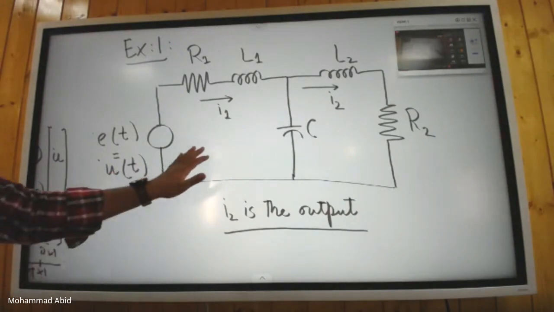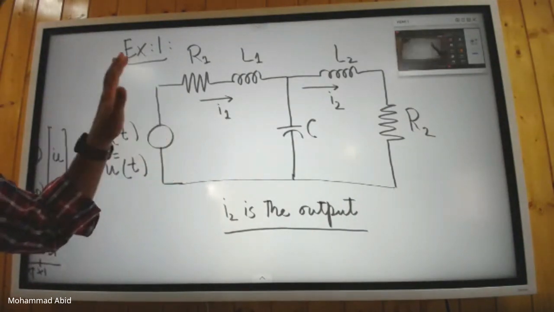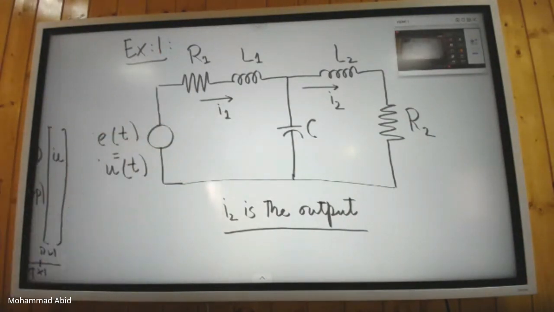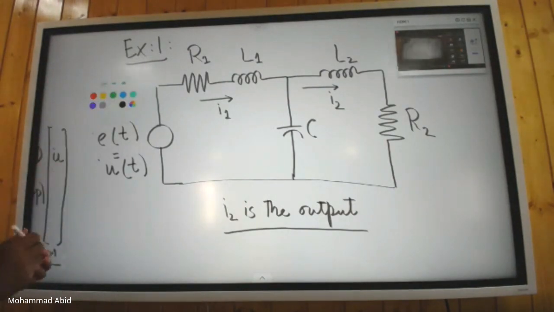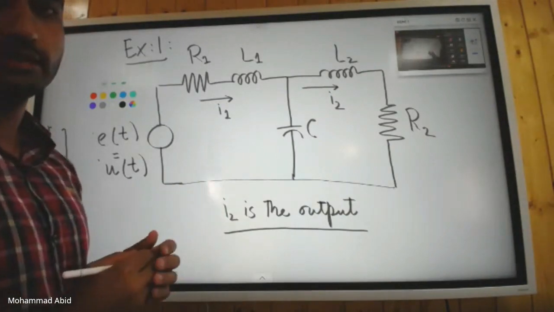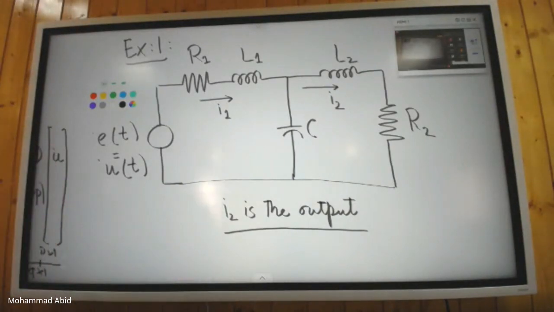Before we start, can anyone tell me what will be the dimension of the state space model for this kind of circuit? You can just take a guess. What will be the n that I showed you in the general representation?